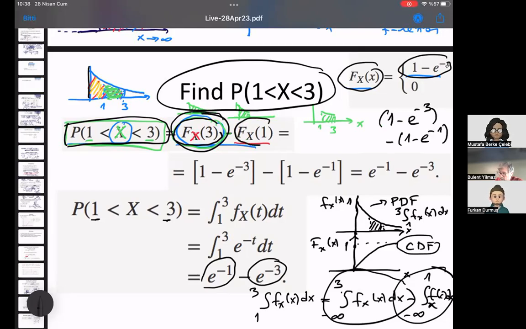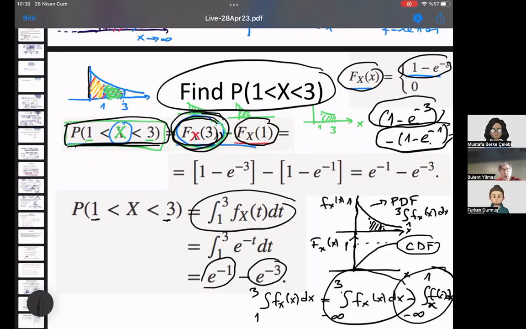So this is F of x of 1, F of x of 3. If I subtract these two, I'm going to get this probability. Is this clear? I can find out the probabilities using either the integrals of PDFs or directly from the cumulative distribution function.